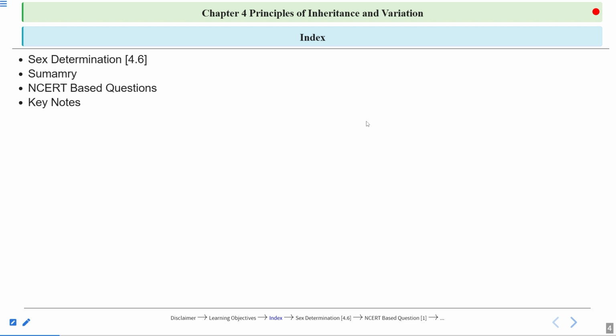Then there'll be some information related to the NEET exam: which topics are important for the NEET exam and what should be your focus. In the end, there'll be some interesting questions for you that will enhance your critical thinking ability.